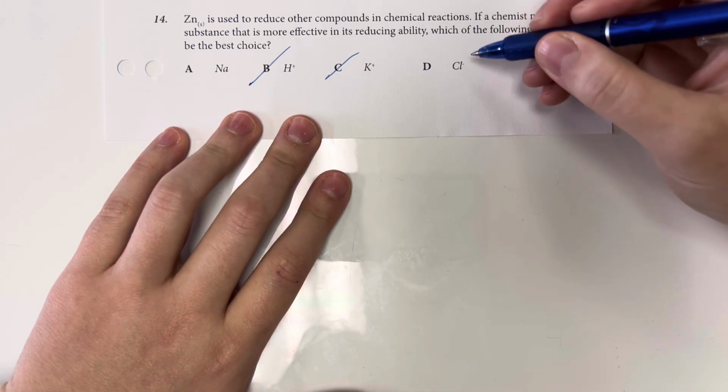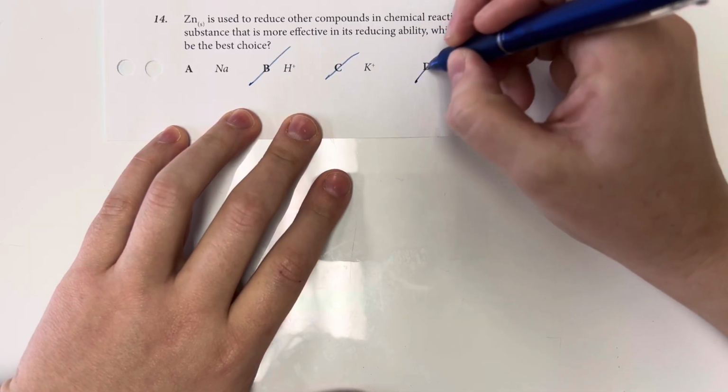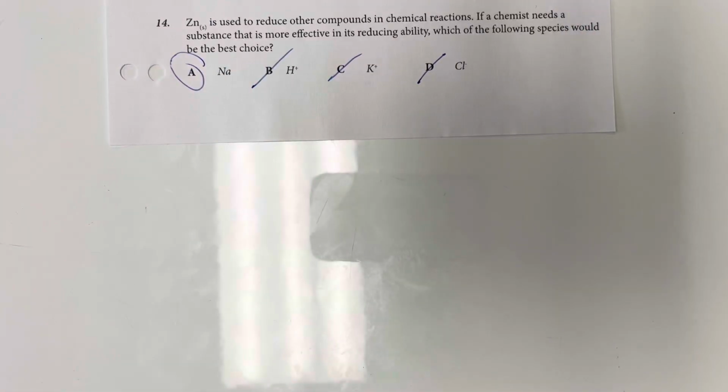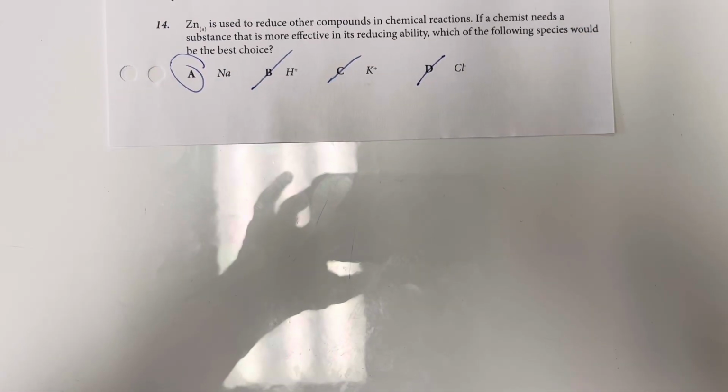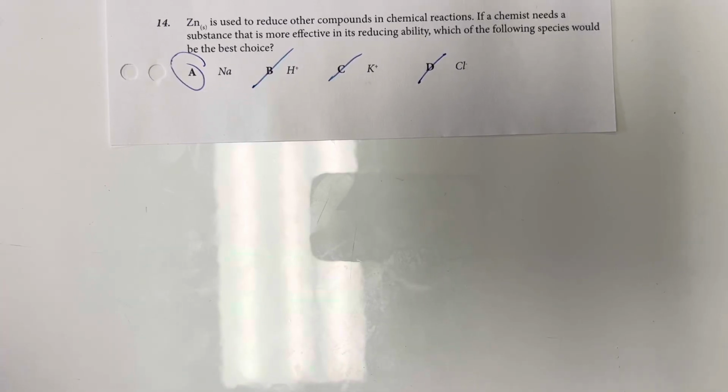Chlorine, once it stole its electron, really wants to maintain it, so it's going to be a very terrible electron donator. However, sodium, being an alkali metal, really not wanting its last valence electron, is going to be the best choice for an electron donator, and therefore going to be the thing that is the best at reducing.